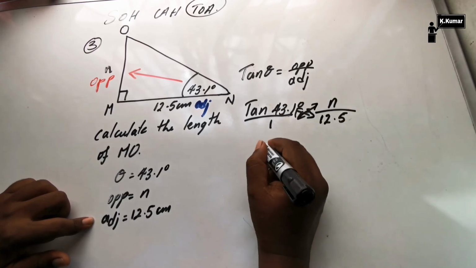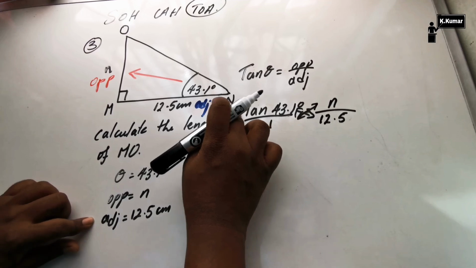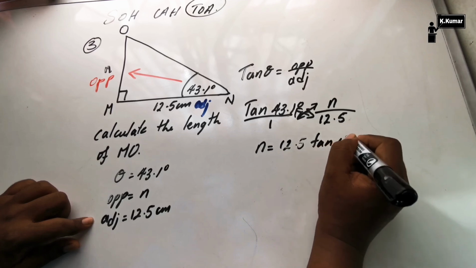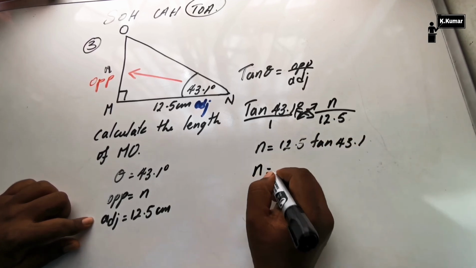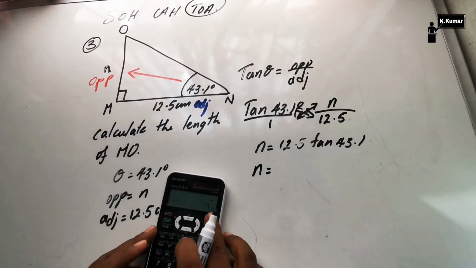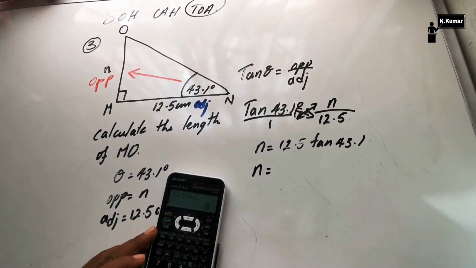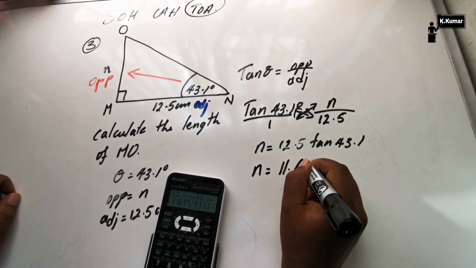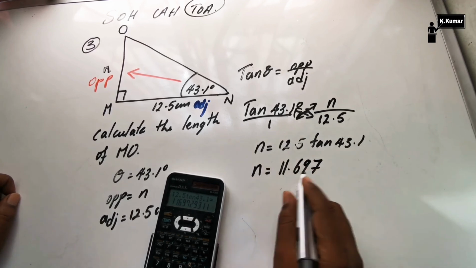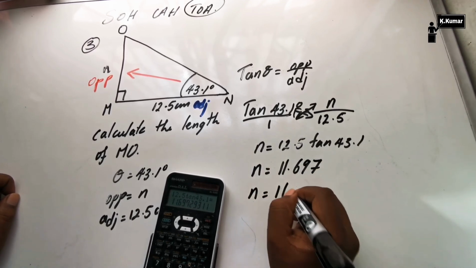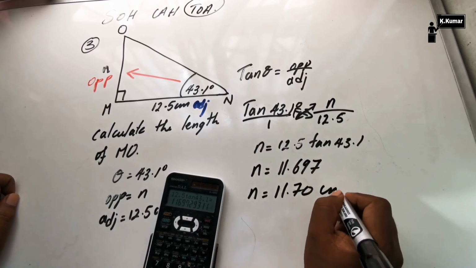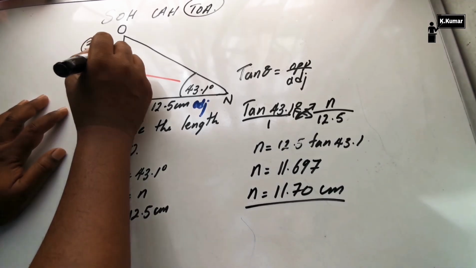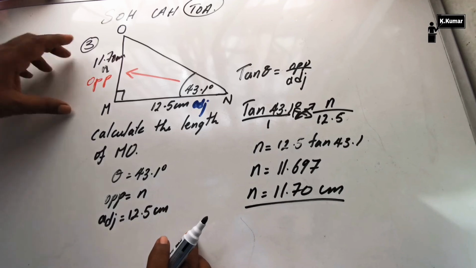N times 1 gives me N, and 12.5 times tan 43.1 gives me 12.5 tan 43.1. We put this into our calculator, and that gives me 11.697. Rounding off to 2 decimal places, it's 11.70 cm, and this is the length of our opposite side.